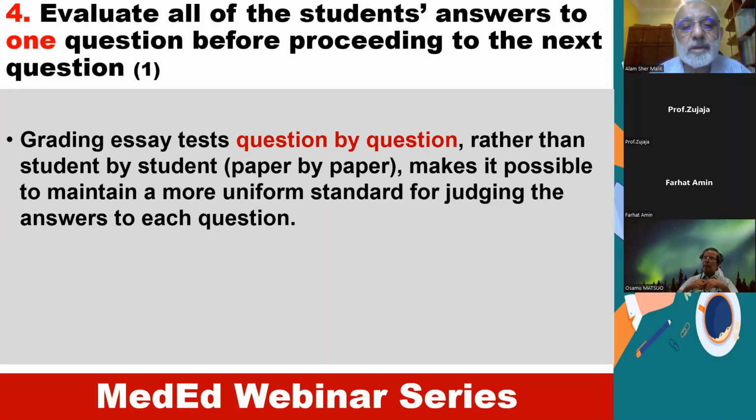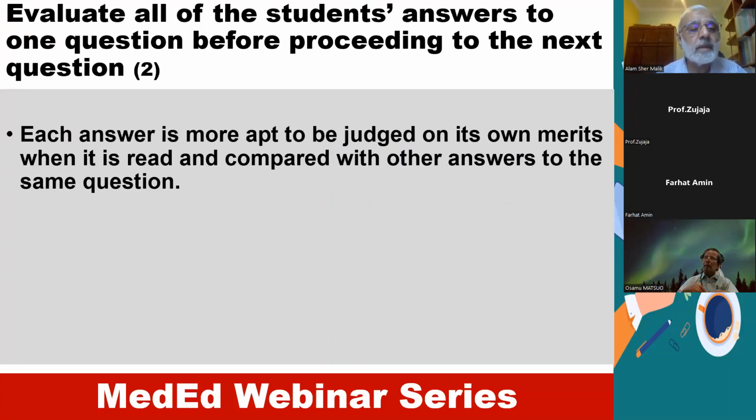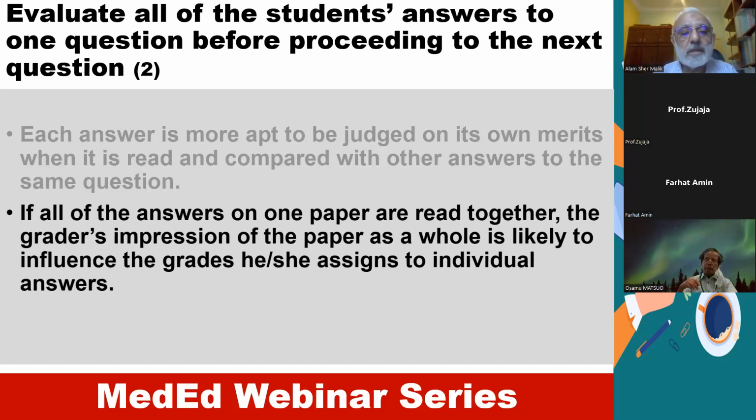Marking question by question is recommended because each answer is more apt to be judged on its own merits when it is read and compared with other answers to the same question. In this way, we are comparing the answers from all the students answering the same question. Whereas if we go paper by paper, the marking can be biased.